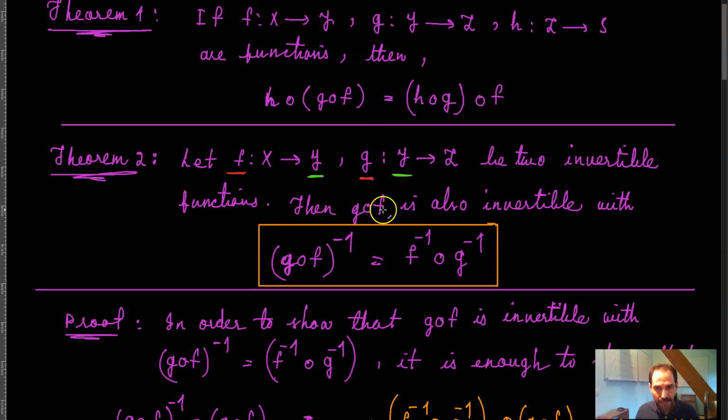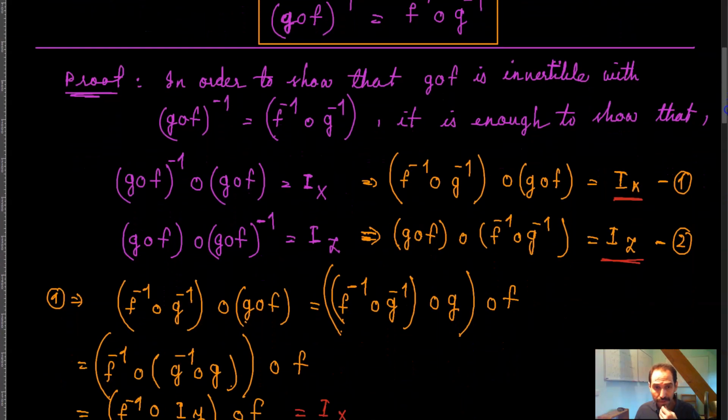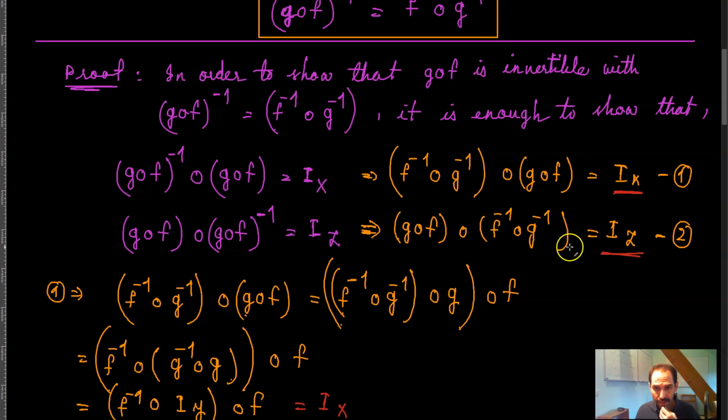Then g of is also invertible. So we showed that g of is also invertible. And in order to show that, we had to show all of these two results. We showed one of them, and using the same logic you can show this one as well.